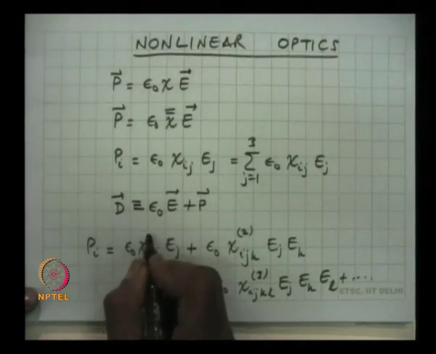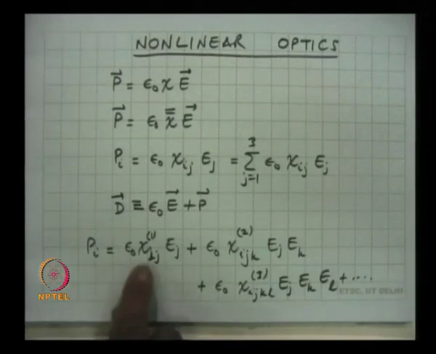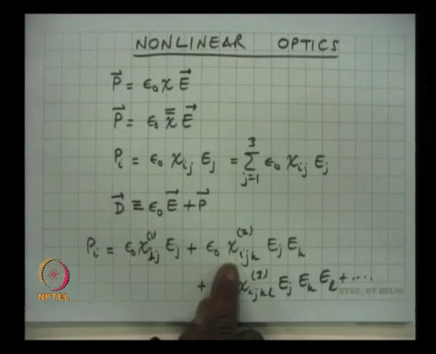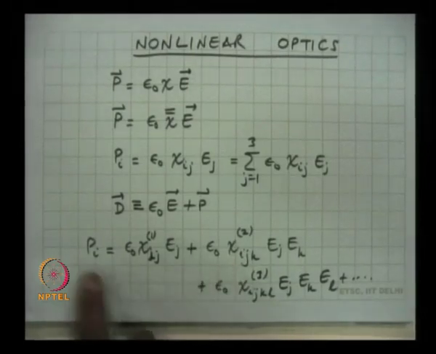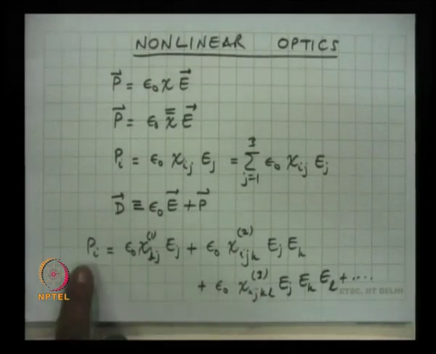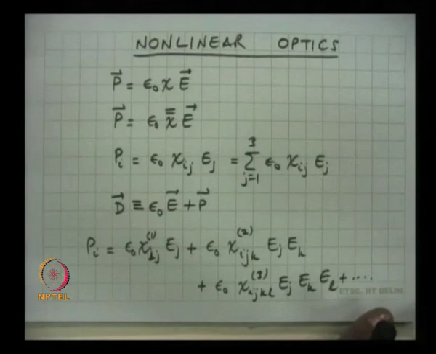There is supposed to be a 1 here which is not written. If I do not write 1, it is a linear susceptibility. This is the linear susceptibility. This is called the second order susceptibility because P is proportional to E square. This corresponds to third order susceptibility, P is proportional to E cube, and so on.